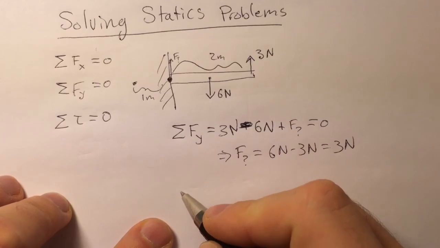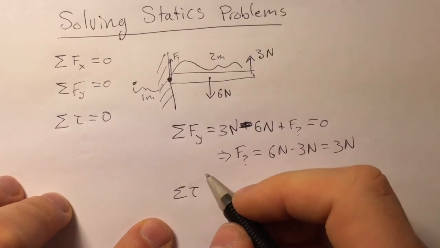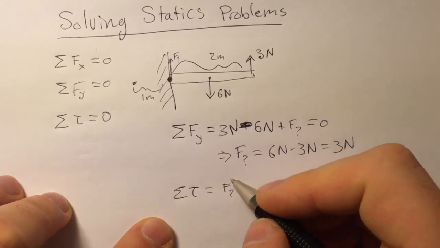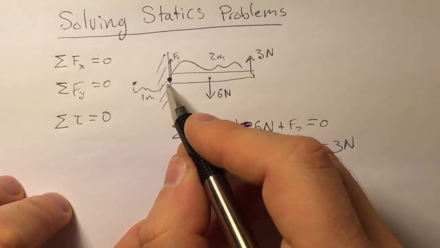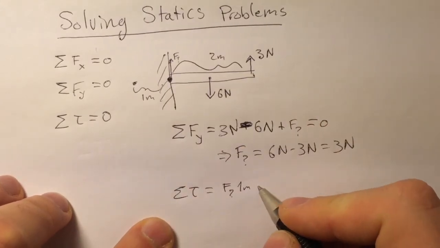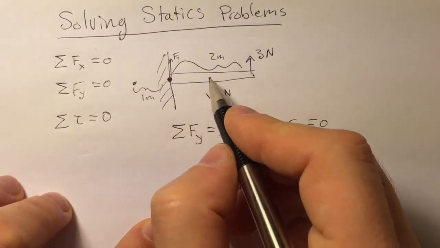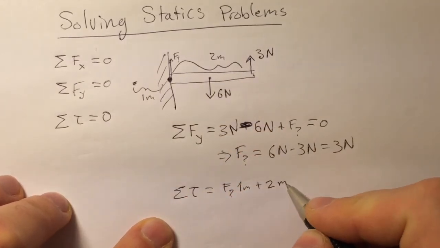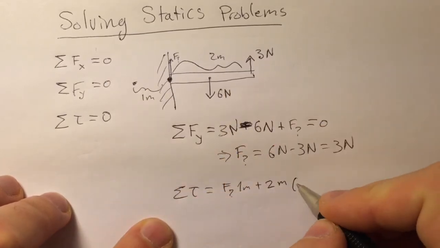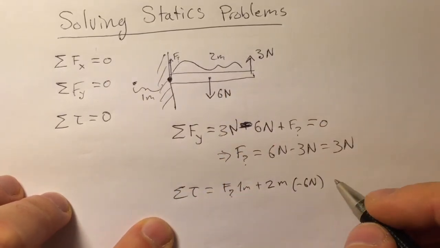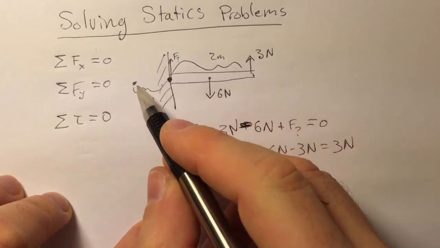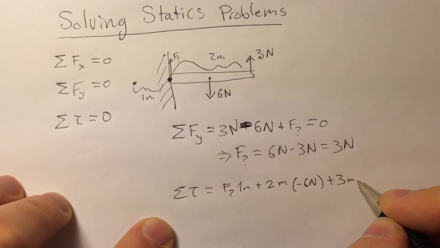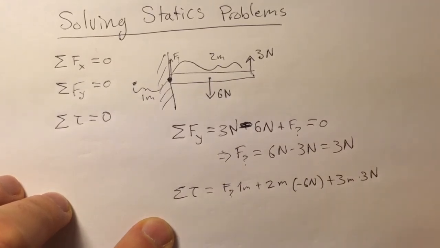So the torques here are going to be, well, our F question mark up, F question mark, times the length of the lever arm, which is 1 meter, plus, well, from here to here is 2 meters, so we have a 2 meter lever arm to our negative 6 newton force, and then we have a lever arm of 3 meters to our 3 newton force, so that's plus 3 meters times 3 newtons.